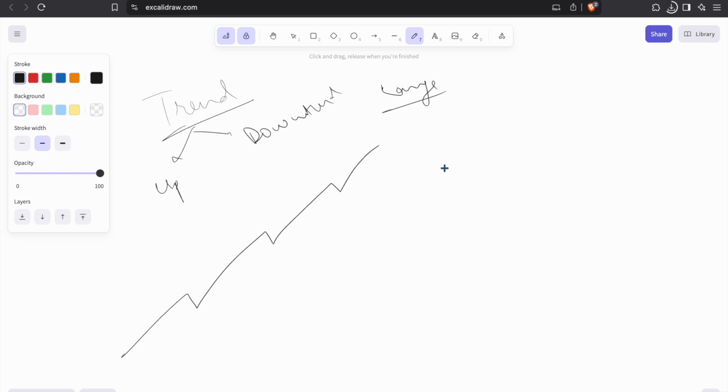Okay. Now, how I can use this is, these points are called higher lows, and these are also called the pivot points. So, what you can do is use the higher lows in the uptrend to manage your position.